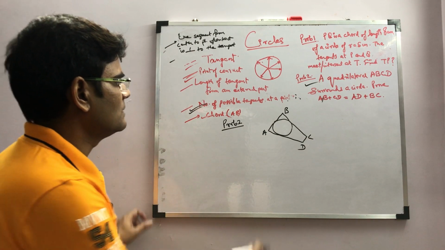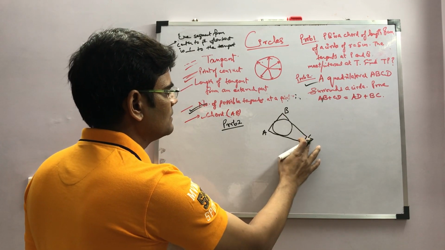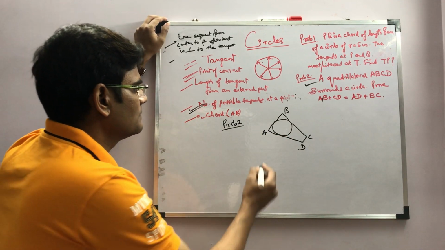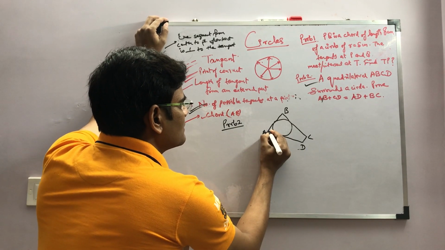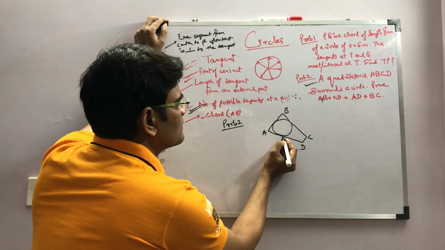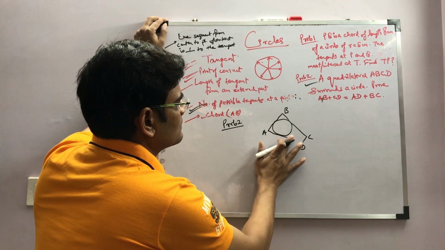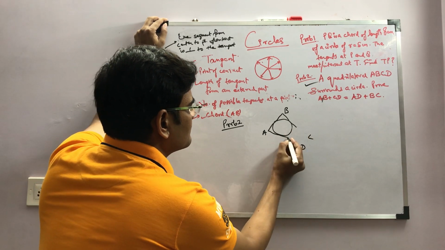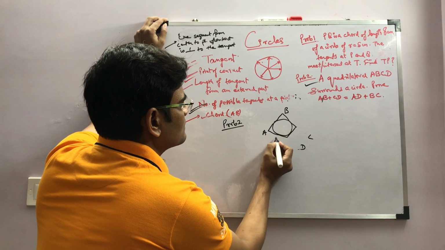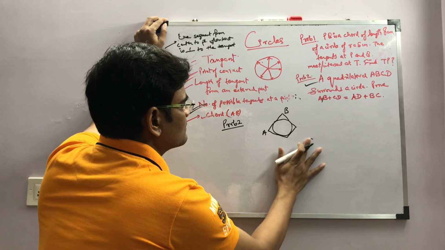Prove AB plus CD equals BC plus AD. How do you prove that? Very easy. This is an external point. I should have drawn like this. Yes. So it's touching the circle at 4 points.